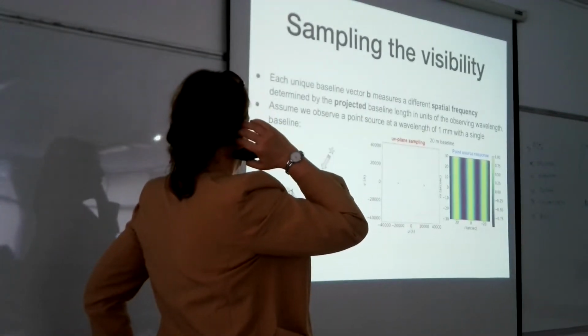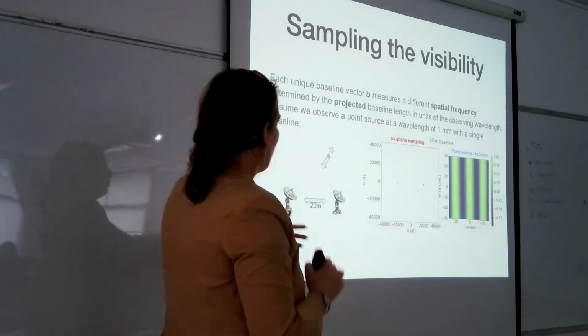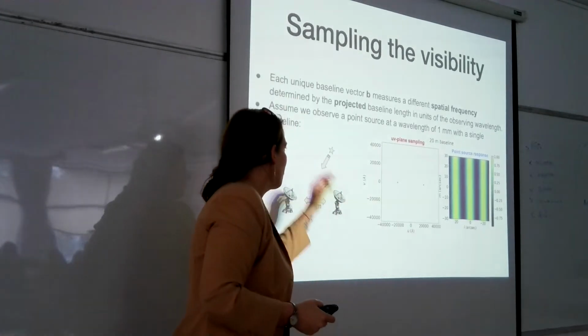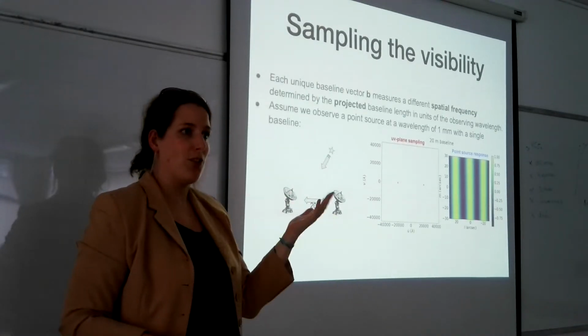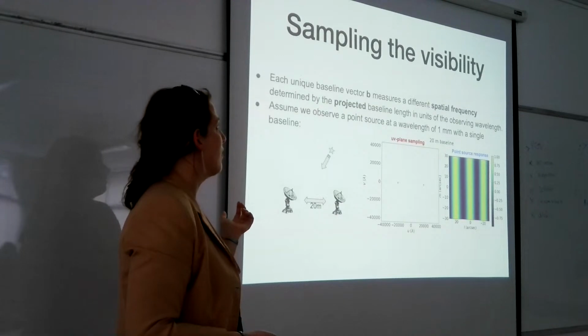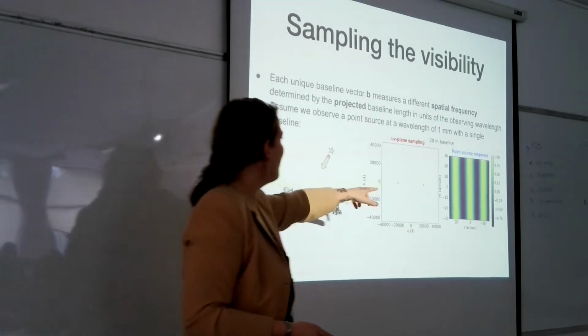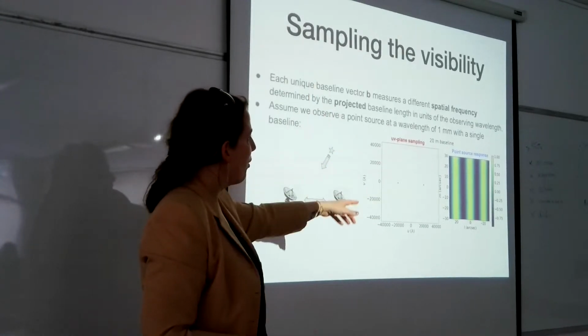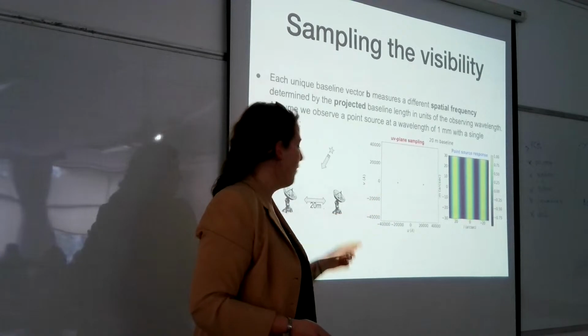Okay, so how does this look in terms of that sampling? We're going to start very simple. Again, first starting from the double slit experiment. If we have two antennas, two little points, the response of a point source will just look like a sine wave.